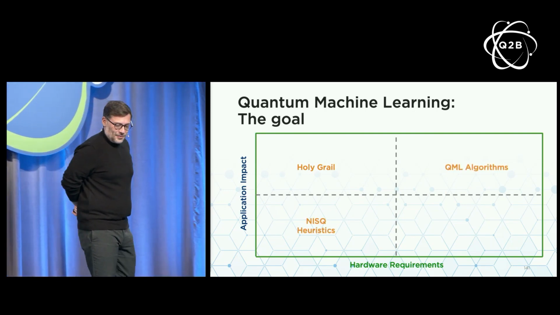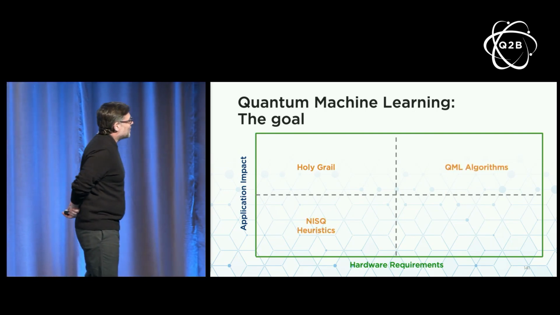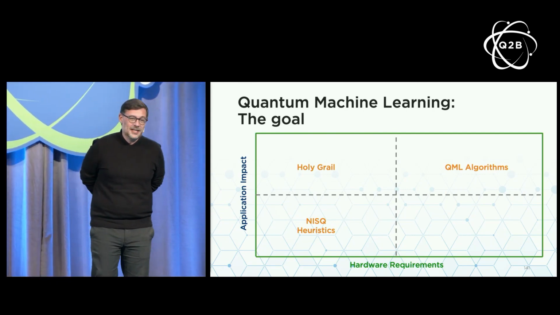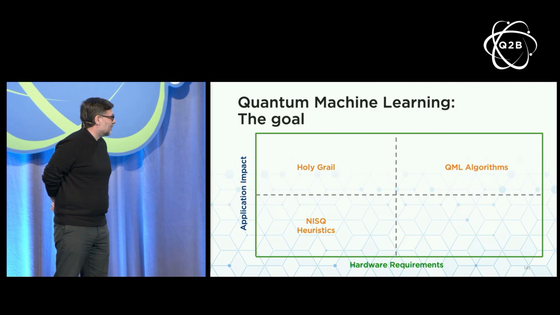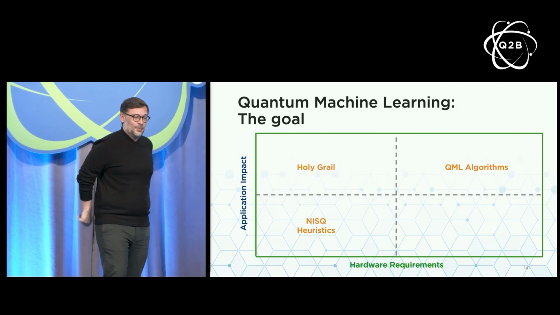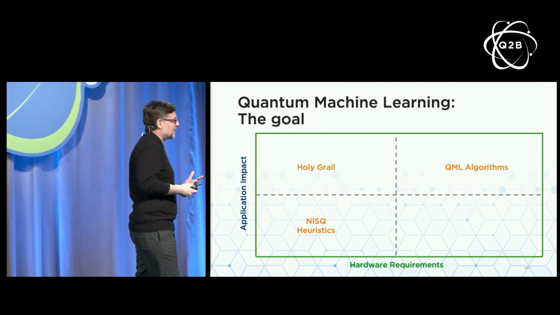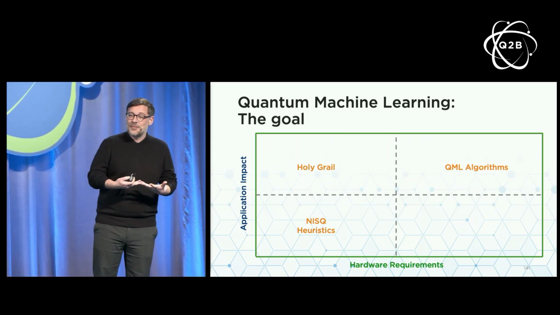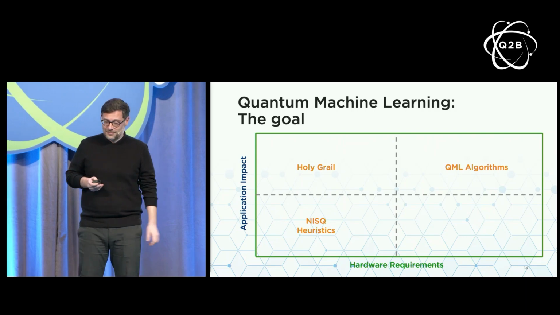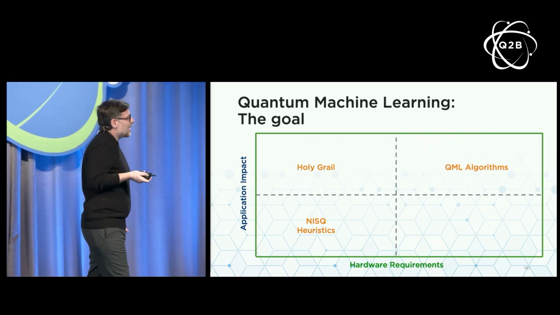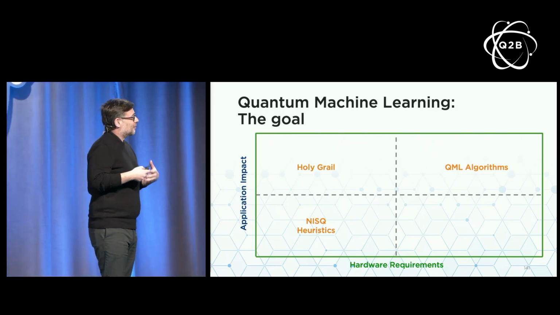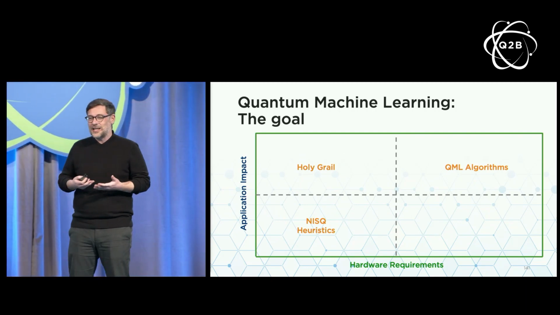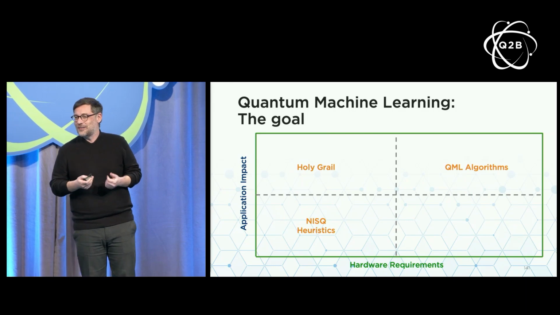So here is where we kind of are. We have NISQ heuristics that you can actually run on hardware that we have now. Okay, their impact is not big right now. They cannot solve anything that we cannot solve classically. So the hope is that as the hardware evolves and as the heuristics become better, then their impact will also grow. Okay, and at the same time, we have the QML algorithms that I can prove to you have a great impact because they can solve things much faster, but they will need a lot of hardware that we don't have today.